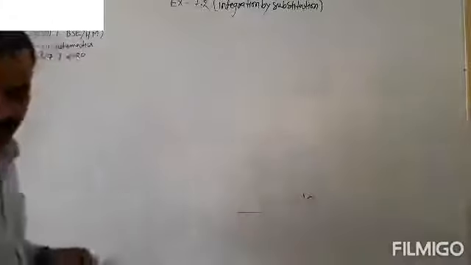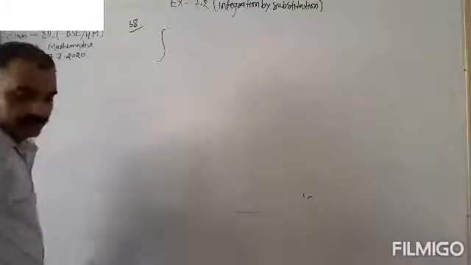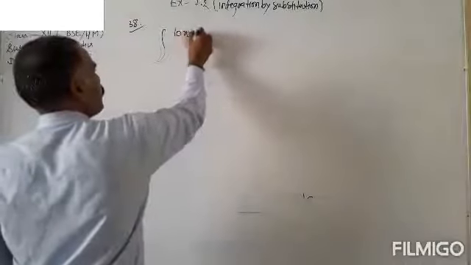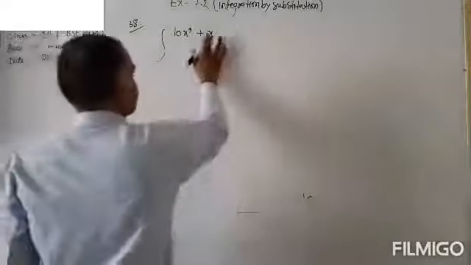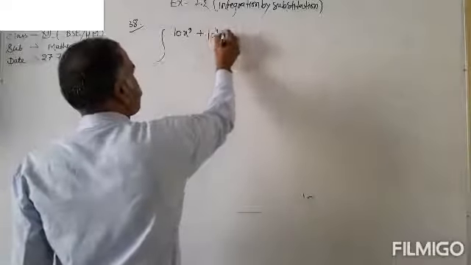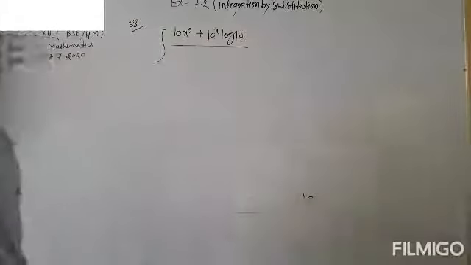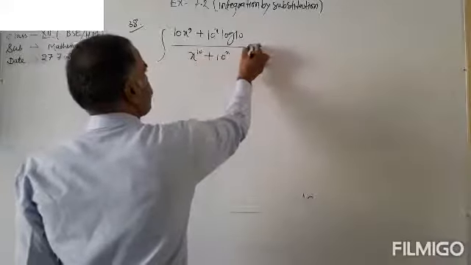Question number 38 is: integrate 10x to the power 9 plus x to the power 10 times log 10 upon x to the power 10 plus 10 to the power x, dx.